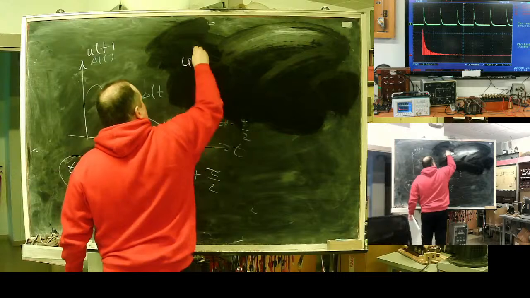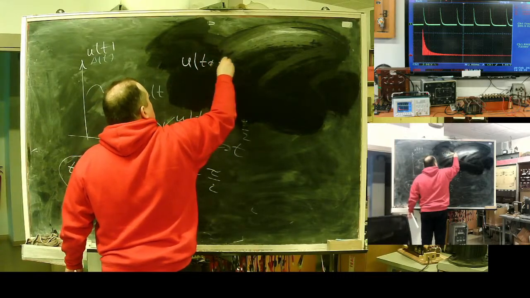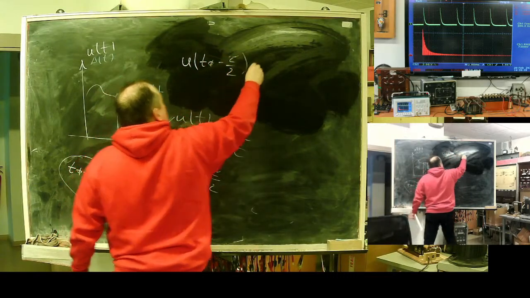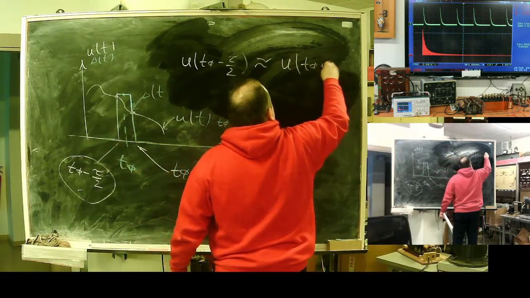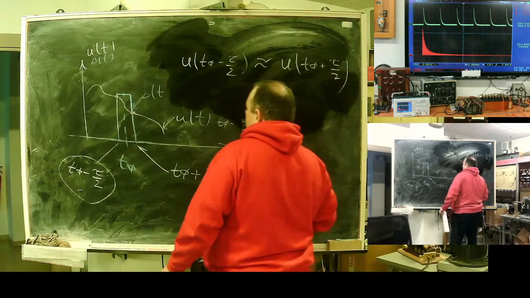T0 minus tau by half will be approximately equal to T0 plus tau by half.